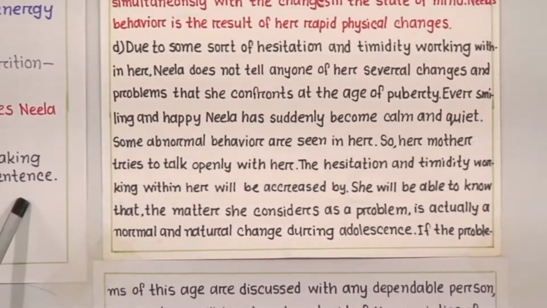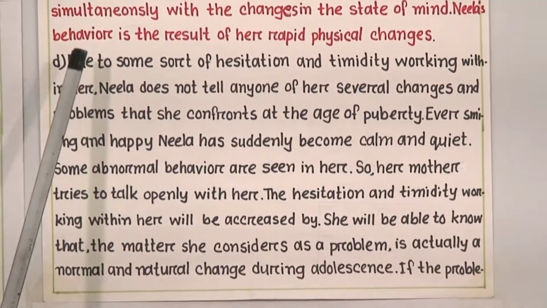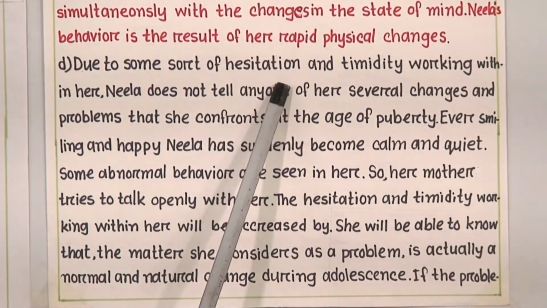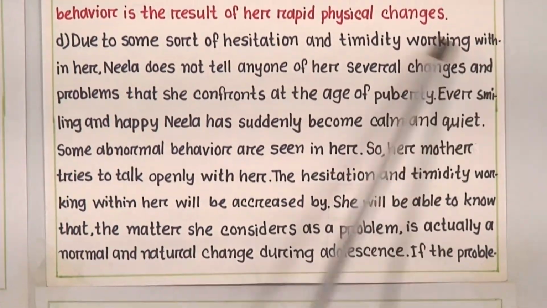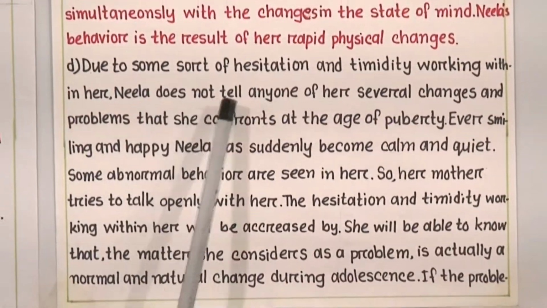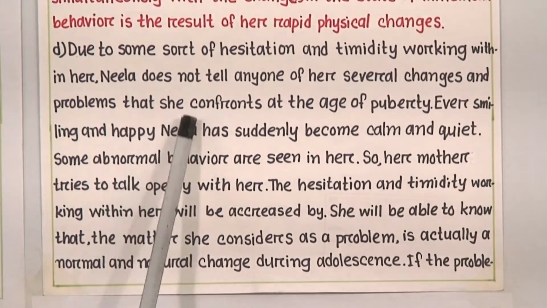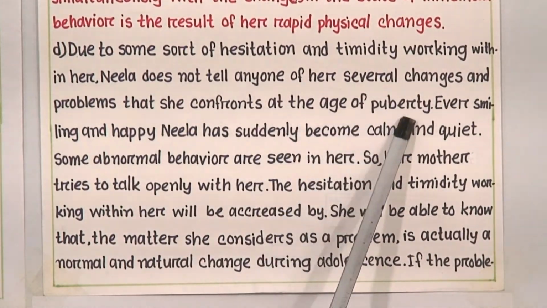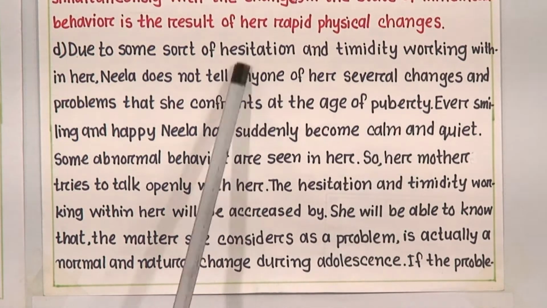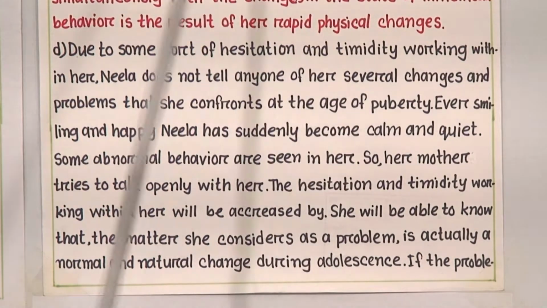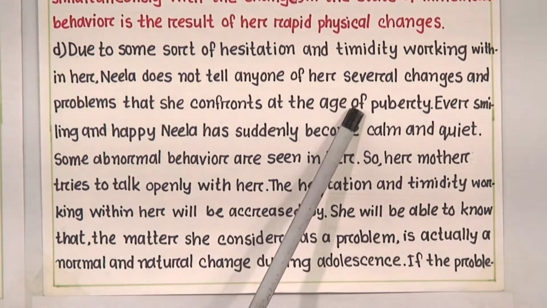Okay, students, come here. Due to some sort of hesitation and timidity working within her, Nila does not tell anyone of her several changes and problems that she confronts at the age of puberty. It happens with everyone, and everyone feels like that.